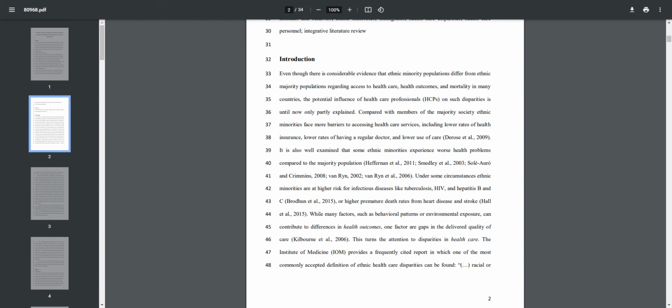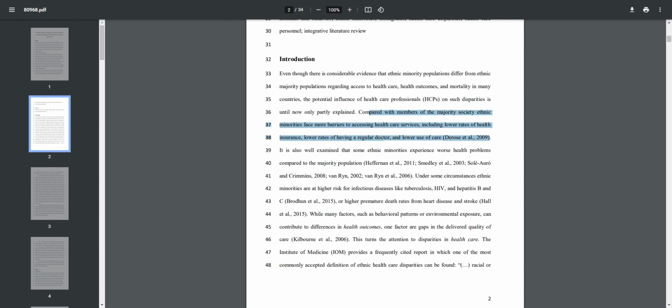It talked about only partially explained, and then it went on to talk about some of those differences that are happening between the ethnic minority population versus the ethnic majority population. So it talked about it after saying how it is partly explained.